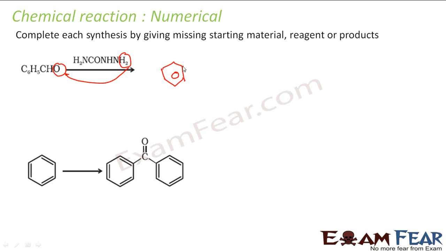I'm not going to do it now. So with this you'll get N, you get NH and CONH2. Correct? This goes off, this attaches here, you'll get this. This is called benzaldehyde semicarbazone.